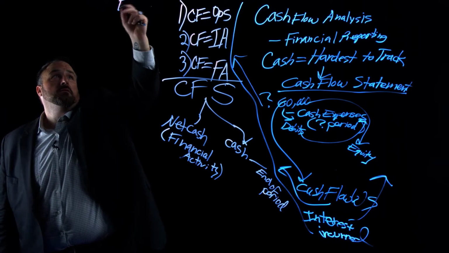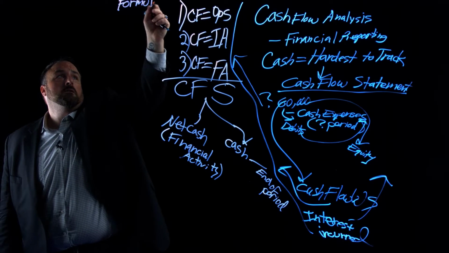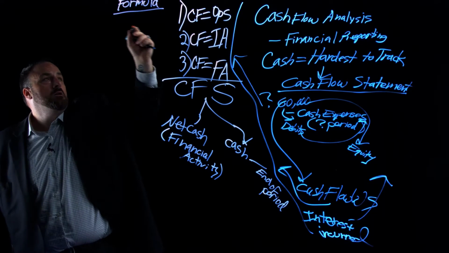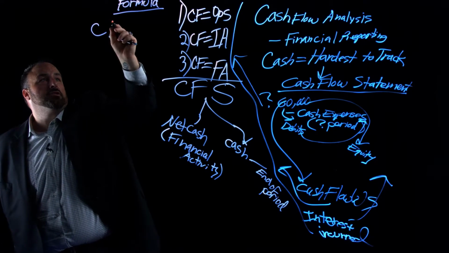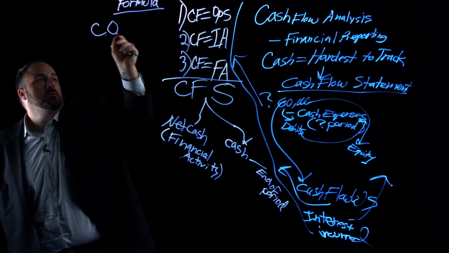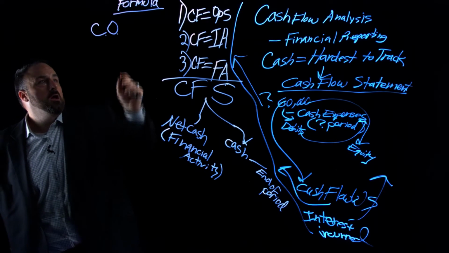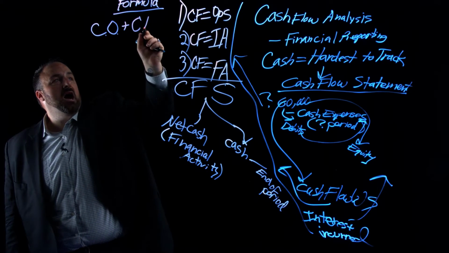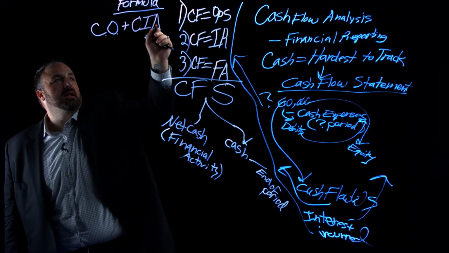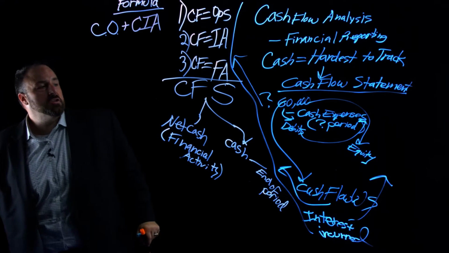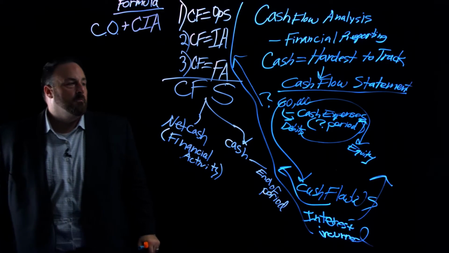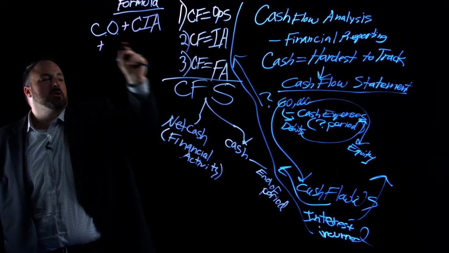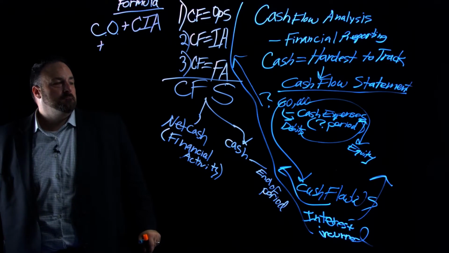So here we go. Here's the formula. We take cash from operations, we'll call that CO. We add that to CIA. What do you think that is? Cash from investing activities. Then what do you think we're going to do? We're actually going to add that to another number. Take a guess.